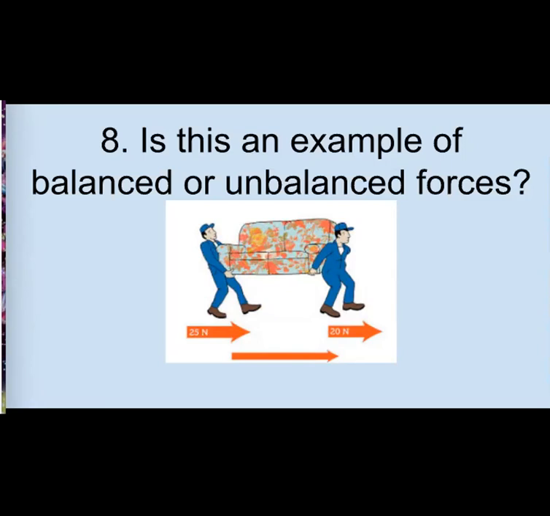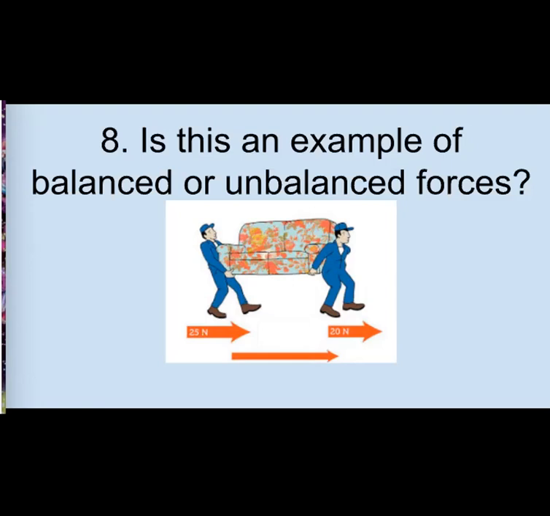I chose unbalanced because the newtons have different numbers. Okay, thank you. Kristen, what did you pick? I chose unbalanced because the guy in the back has more newtons than the guy in the front. Okay. Jonathan, what did you pick? I chose unbalanced because they're moving in the same direction.